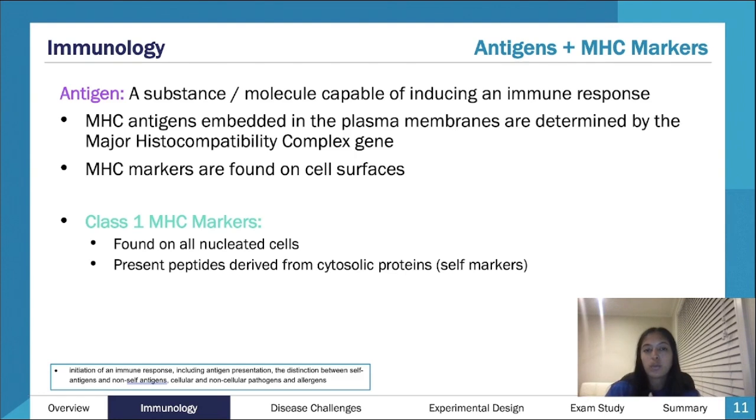They look at these MHC1, and MHC1 shows what proteins are being made in the cell. So they present peptides derived from cytosolic proteins. Proteins hanging around in your cytosol, they take little bits of that and put them on their MHC1, and that shows the immune cells, this is what I'm up to inside my cell. That's why I think of them as a little window.